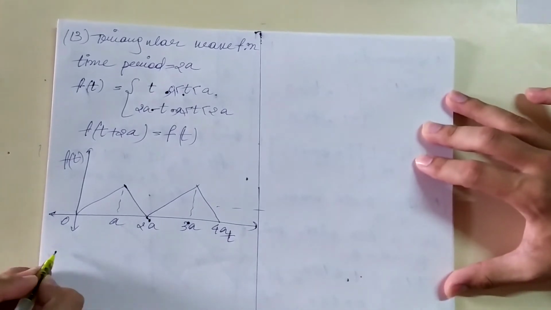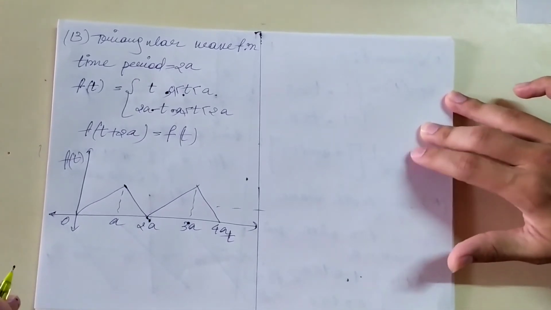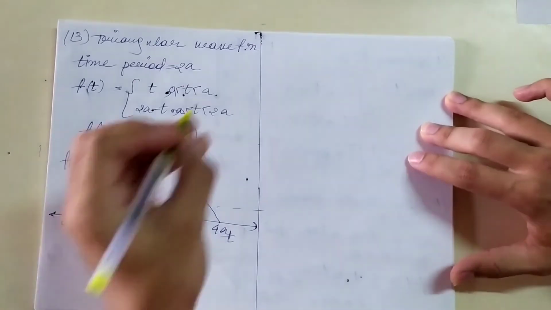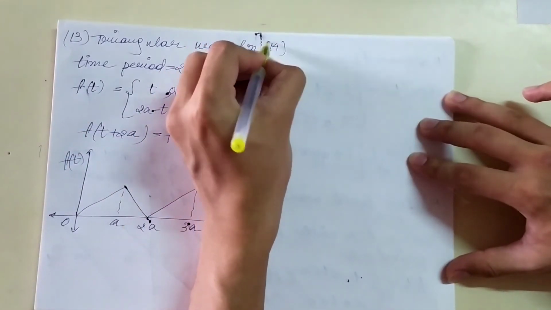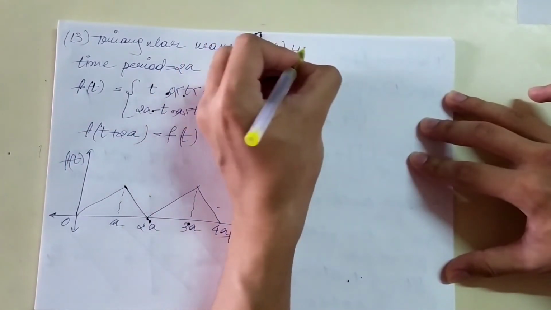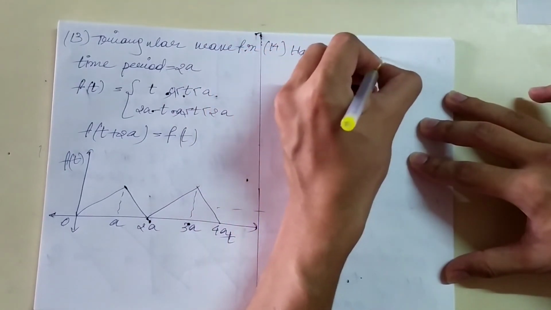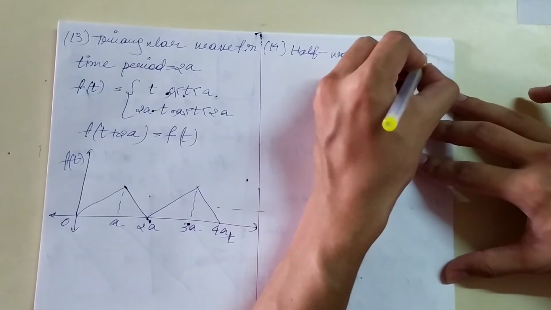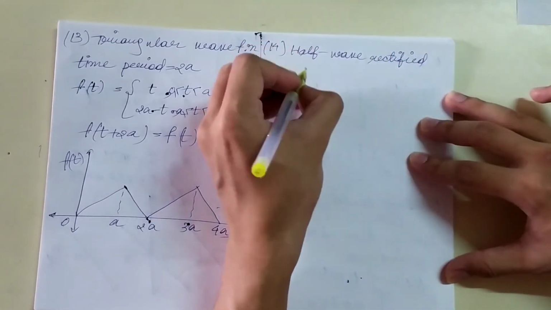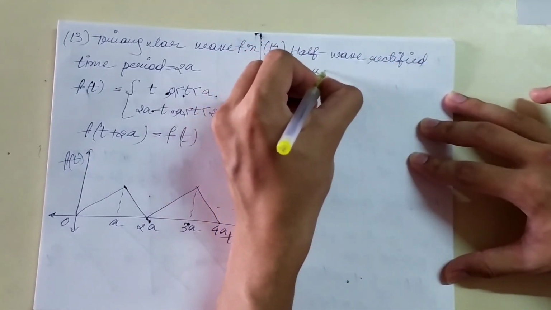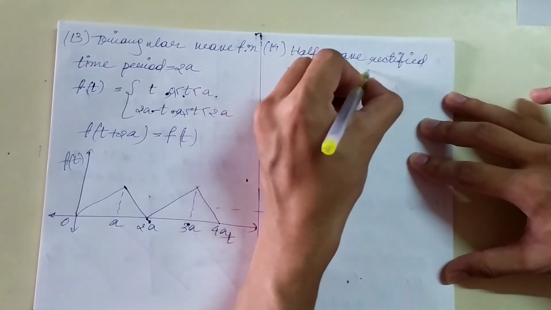Now the 14th function is the half wave rectified sinusoidal function.